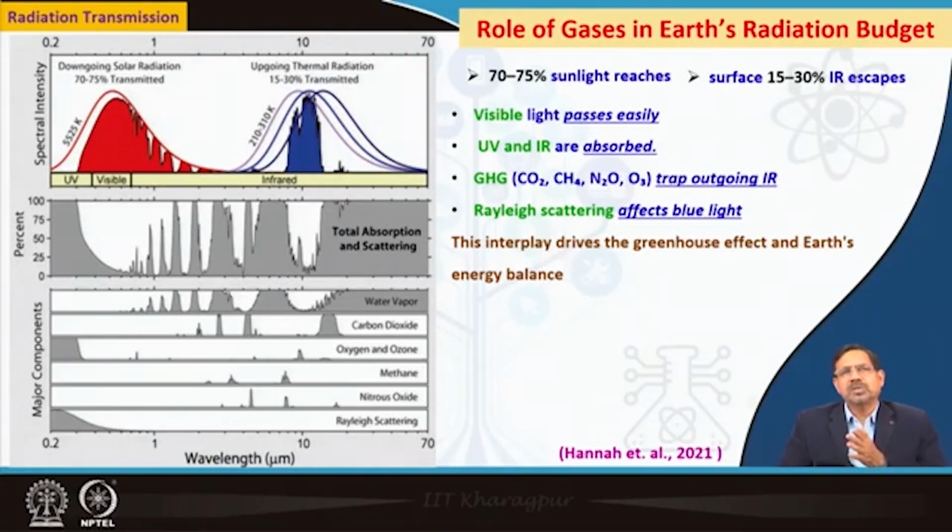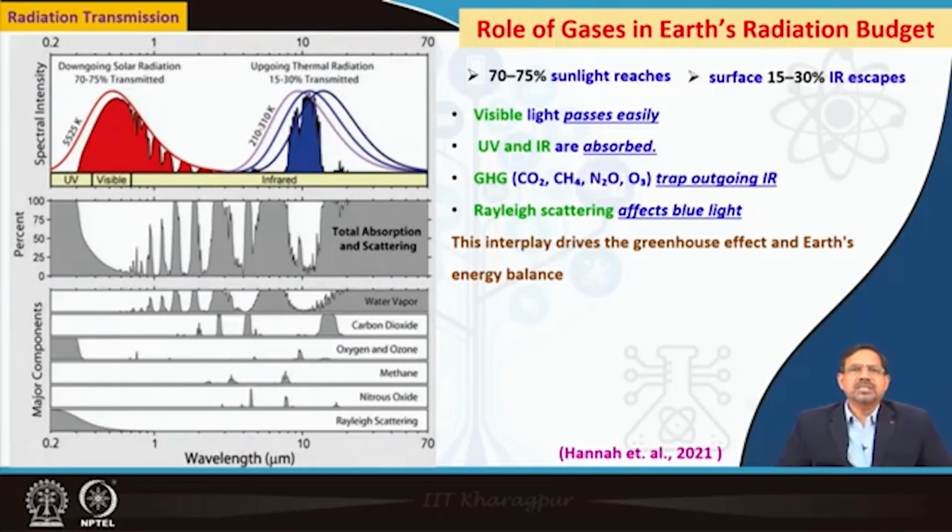The red color indicates the downgoing solar radiation, which is about 70 to 75%, in the UV, the whole of visible, part of the near infrared and some part of the middle infrared. But when you go to the far infrared region, you have a lot of upgoing or outgoing thermal radiation, about 15 to 30% as I just mentioned, that escapes to outer space.